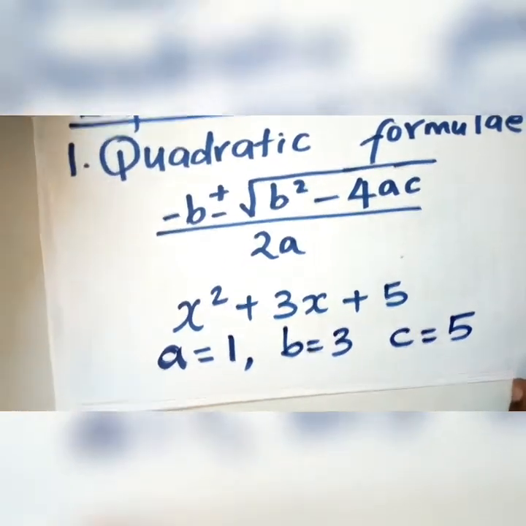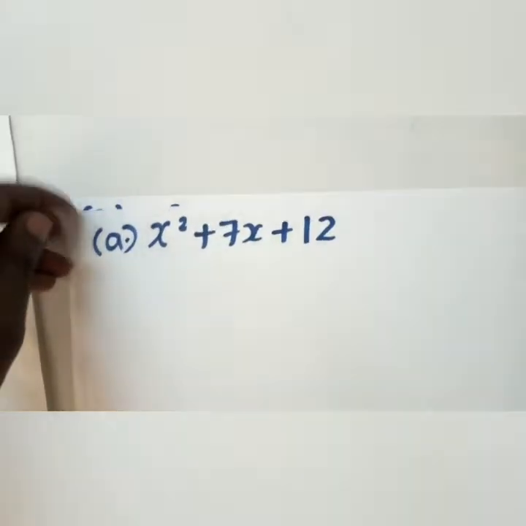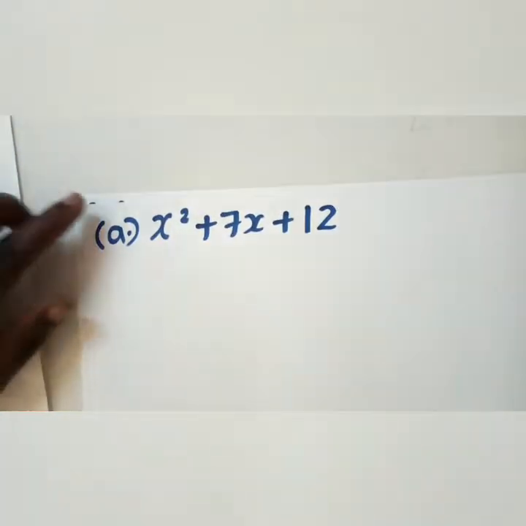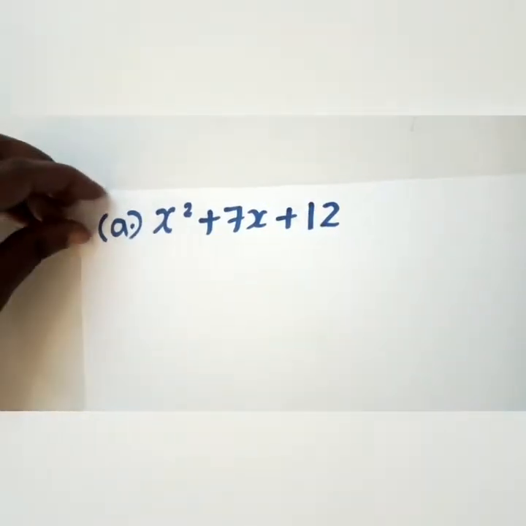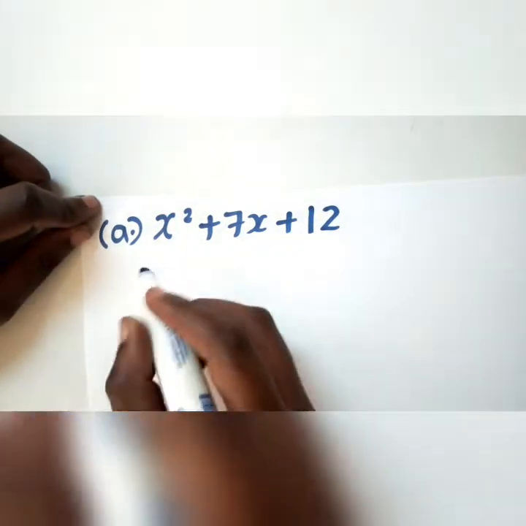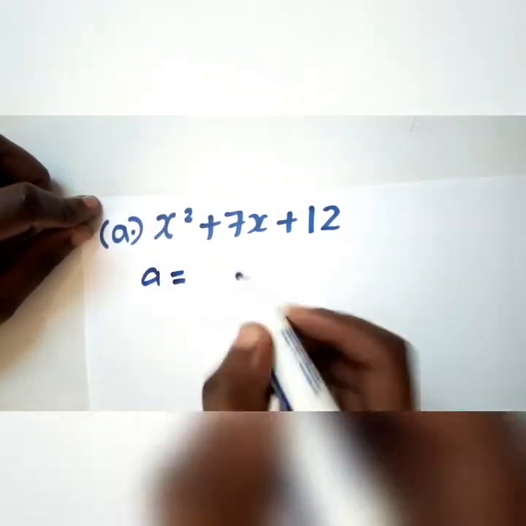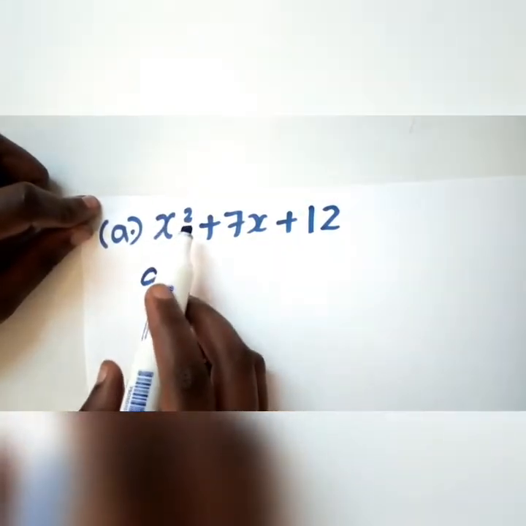Okay, now we look at the first example using the quadratic formula. We're going to use this formula to solve this question. Step number 1, you need to write your a. a is the coefficient of x squared, which is 1.